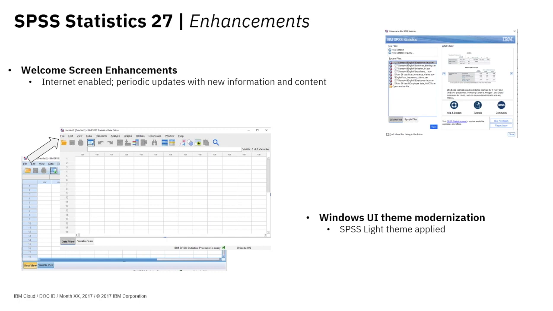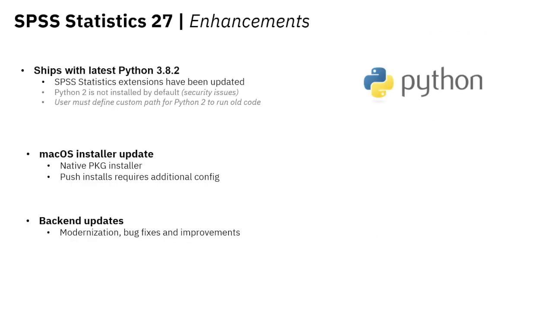Also changes to the welcome screen, very small, but it gives you access to check your recent files, check what's new, which will always give you the updated information, and a couple of different options on what you want your SPSS to look like.